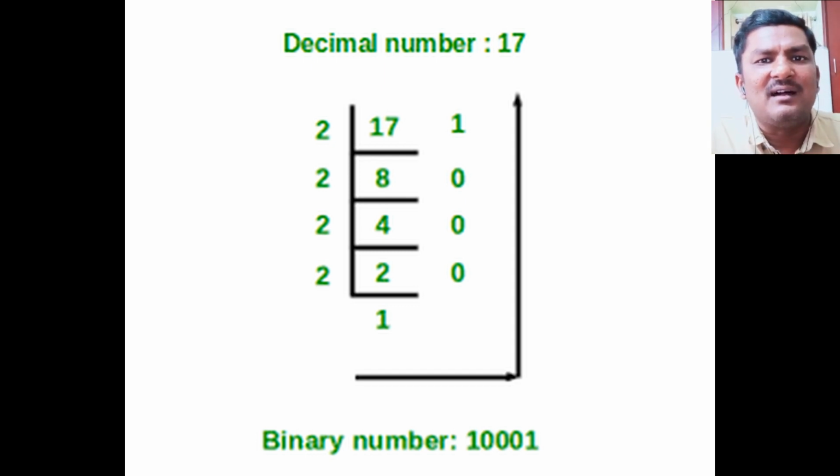The base of the decimal system is 10 and the base of the binary number system is 2. Base is also named as radix, as you know from our mathematics.